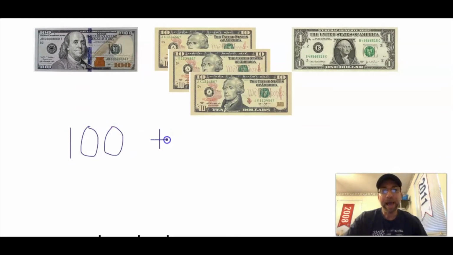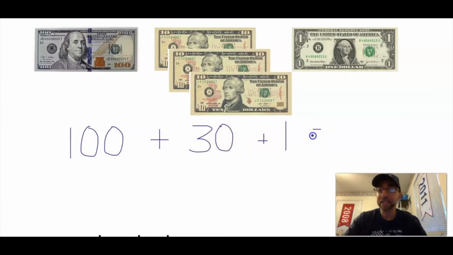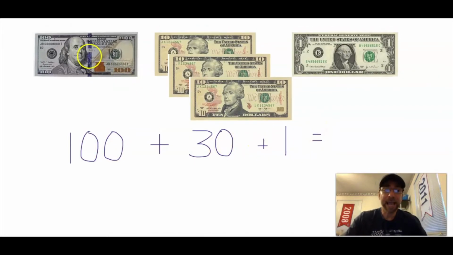And then I have 10, 20, 30. And I have $1. Now I have to figure out how much that is. So if I know 100 plus 30 plus 1, I'll know my answer. I can also just count everything all together.